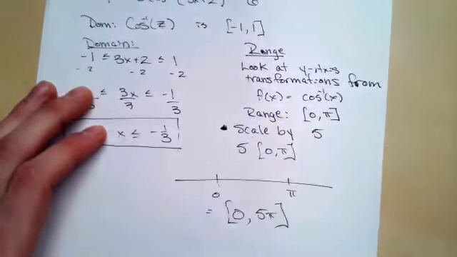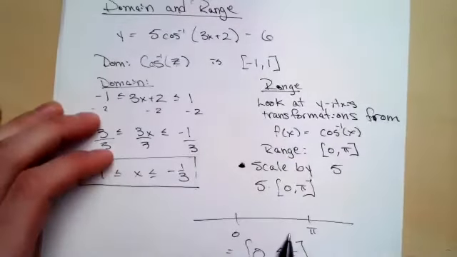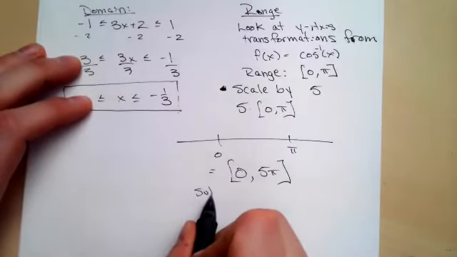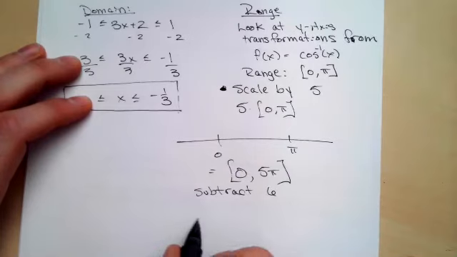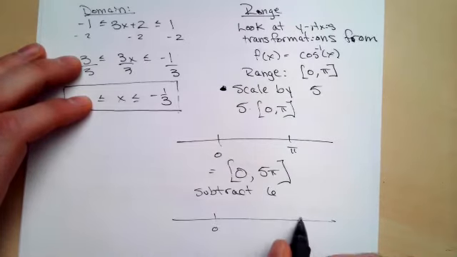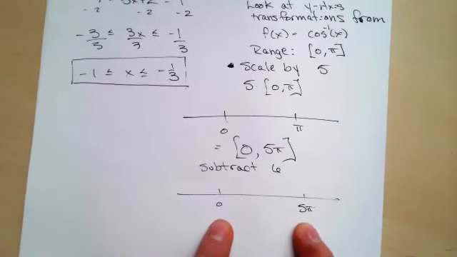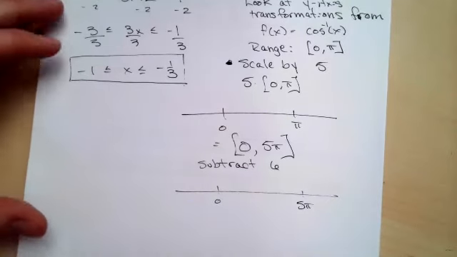Let's put a bullet there. So that's the first step, scale by 5. And then what do we do? We subtract 6. So graphically, now we're at 0 to 5 pi, and I'm taking all of these values, and when we subtract 6, we're just shifting them all downward.